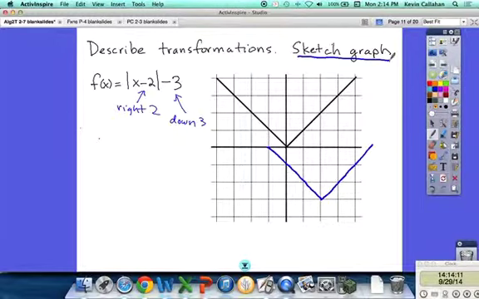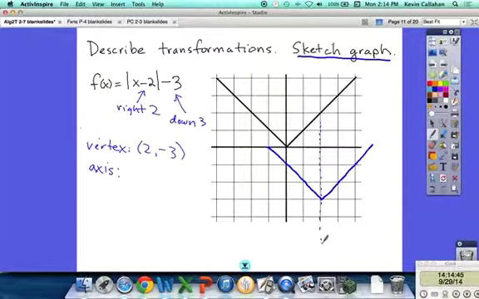What are the coordinates of the vertex here? What are the coordinates of that point? 2, -3, right? So the vertex is 2, -3. What is the equation for the axis of symmetry? Remember, which would be this vertical line.